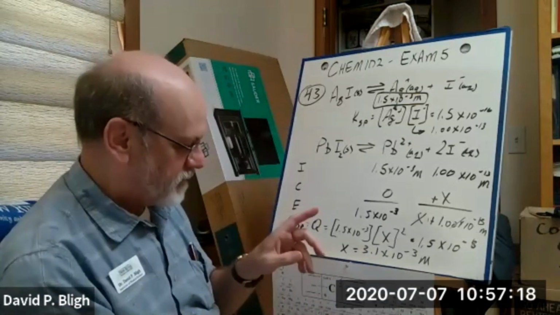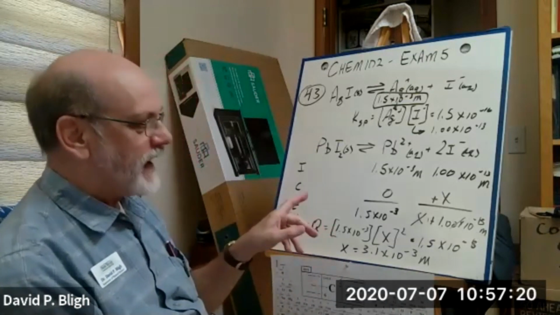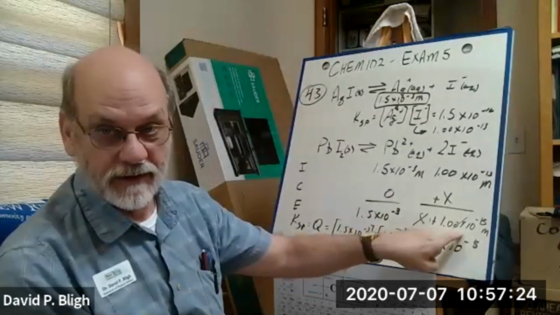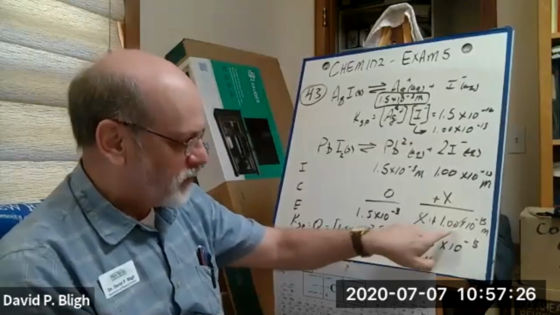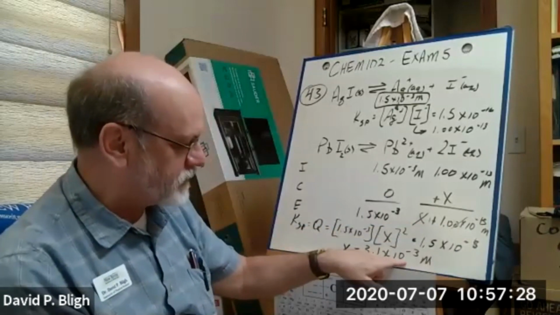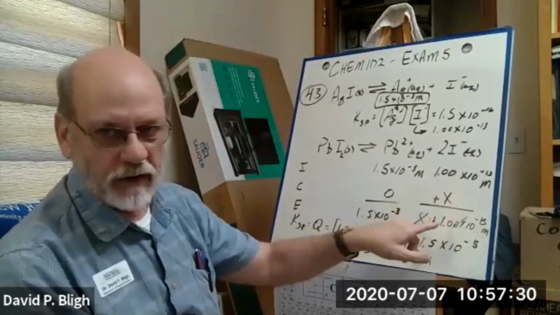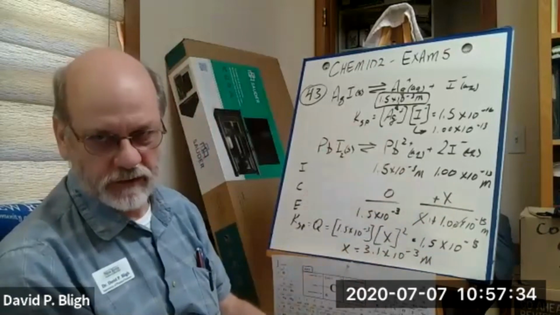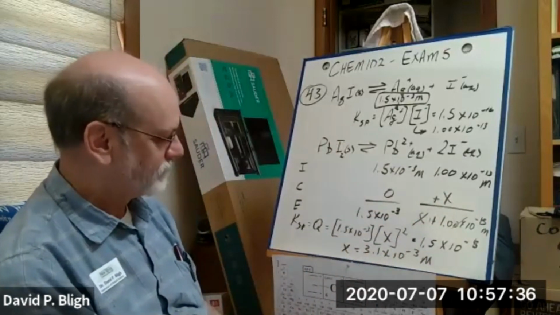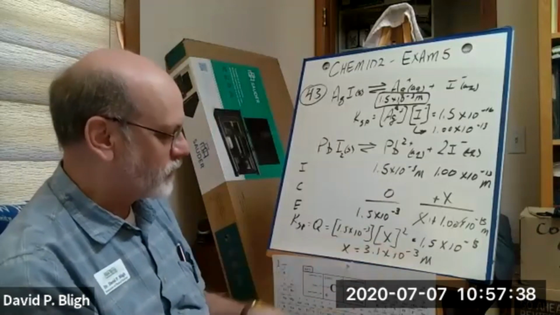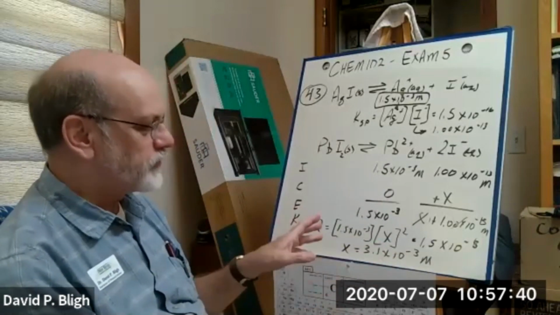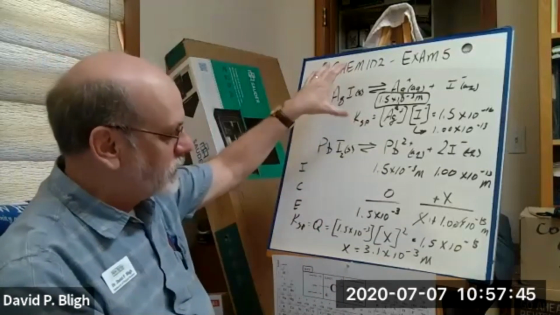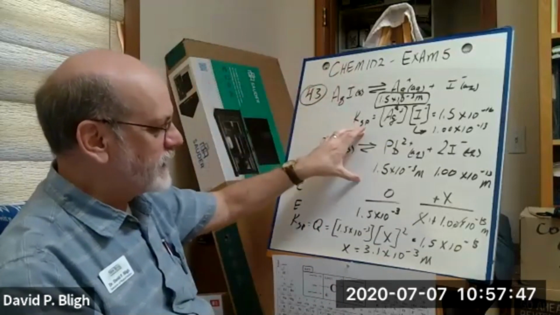Technically speaking, the concentration of iodide would be this one plus that one, right? But that's so small compared to this, you might as well throw that one out. So in this case, X is the answer. 10 to the minus third molar is the most iodide you can have in solution, precipitating this one without precipitating that one.